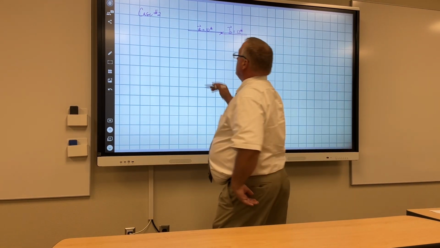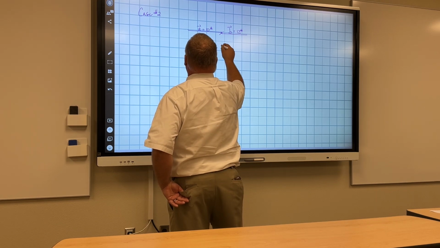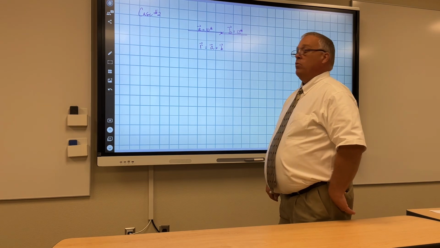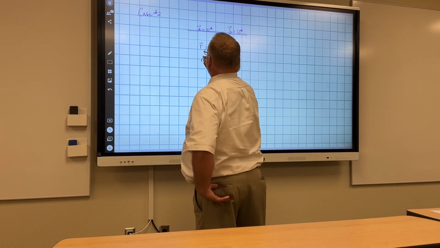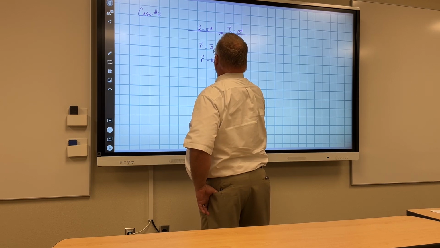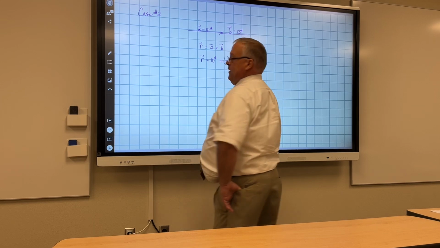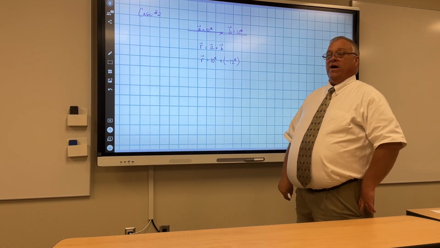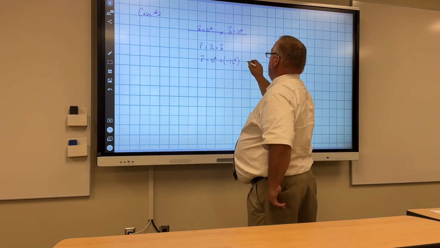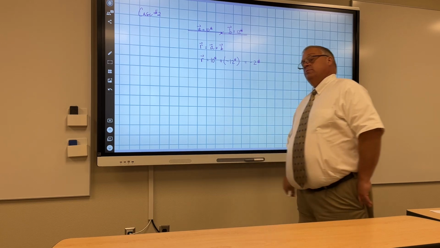So our resultant is still equal to the sum of vector A plus vector B, which in our case is 10 pounds plus a minus 12 pounds. Why is it minus? Because it's in the opposite direction. So our resultant here is a negative 2 pounds.